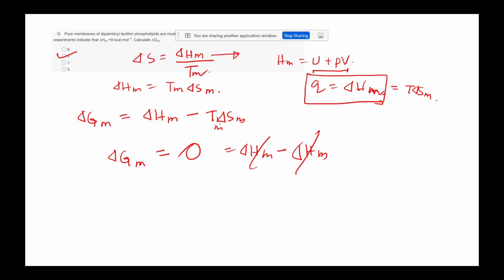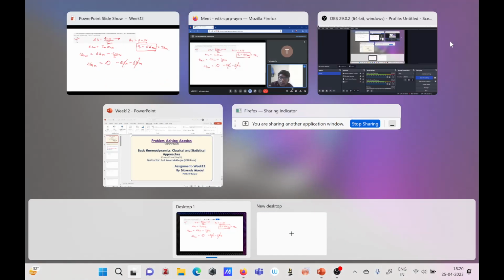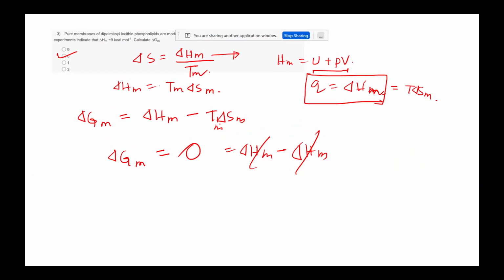The heat change comes from the change in internal energy and the external work, written as U plus PV. So if you do that, you will get the heat.